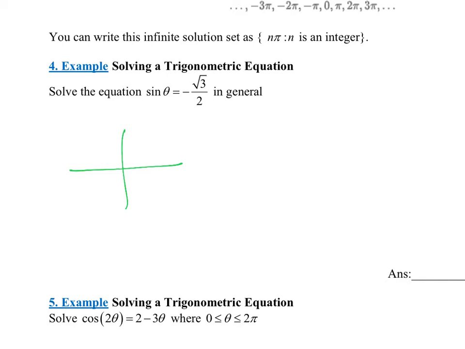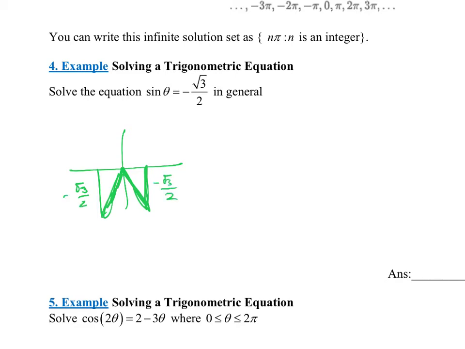But I also need my y values to be negative. So I'm not in quadrant 1 or 2, I have to be in quadrants 3 or 4. So when is sine going to be the bigger one? It's going to be at these two angles right here where my y value is bigger. So this would be negative root 3 over 2, and this would be negative root 3 over 2.